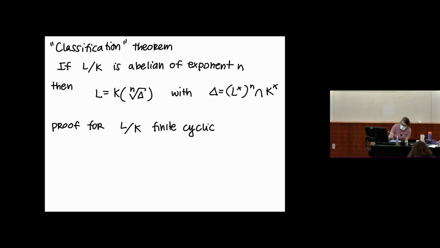And in that case, we get that L is K adjoin alpha with alpha to the n in K.